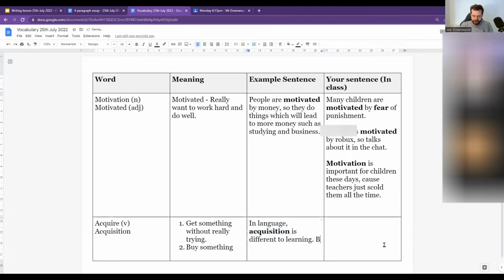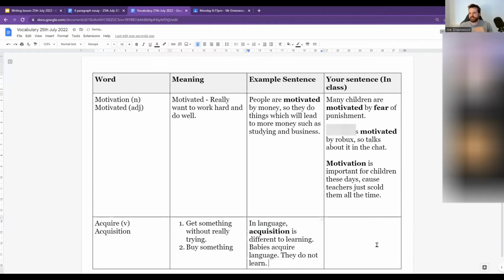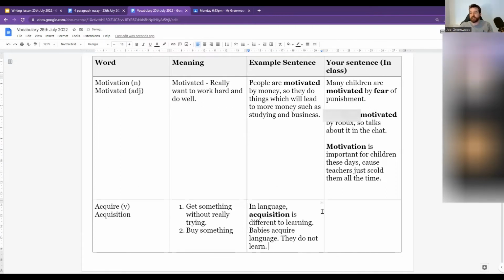Exactly. Babies acquire language. They do not learn it, right? They don't sit down with their exercise books and write down grammar questions. They just listen and then they suddenly know, they know English or they know Chinese without trying, right? That's called acquisition. But adults, sometimes they learn and sometimes they acquire.